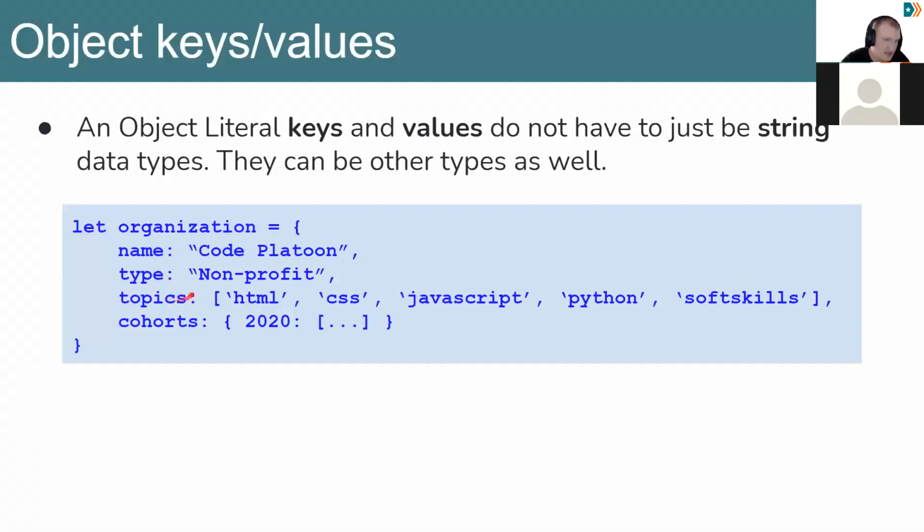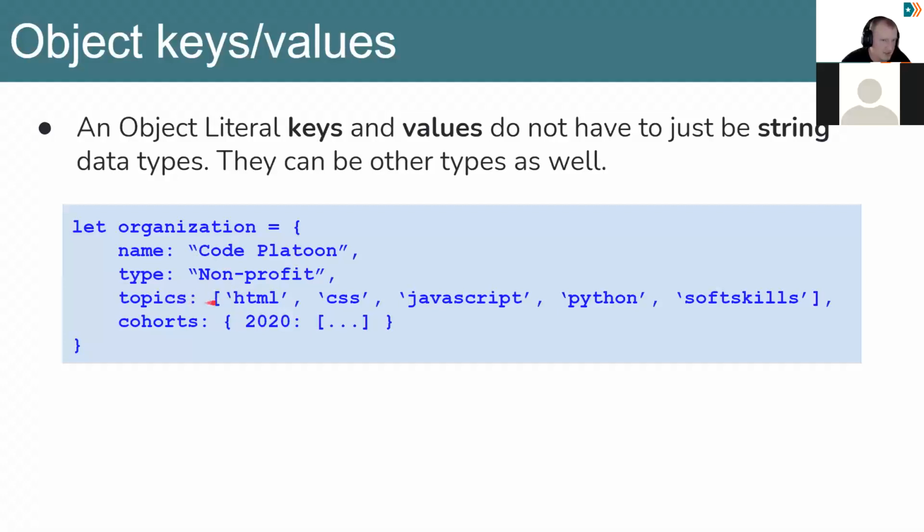Same thing with type. Topics is not a string, but it is an array of strings, at least in this example. So this just shows you that you can have an object literal where your key is still a regular key-value pair mapping, but now your value's data type has changed. You're basically creating a nested structure of your own.